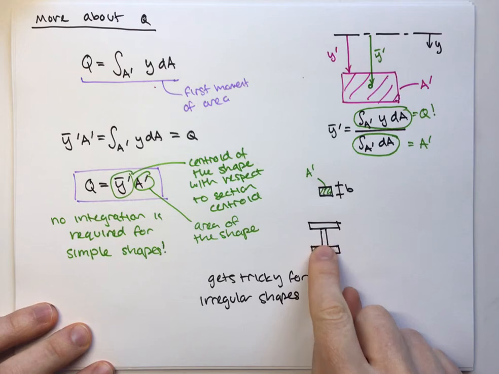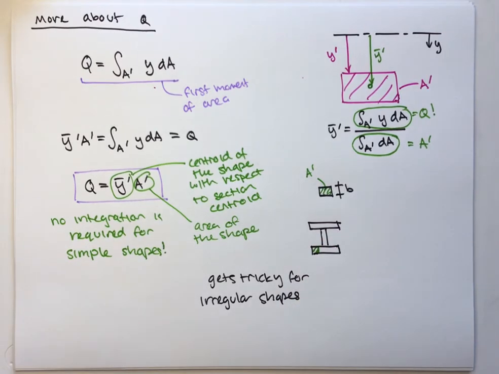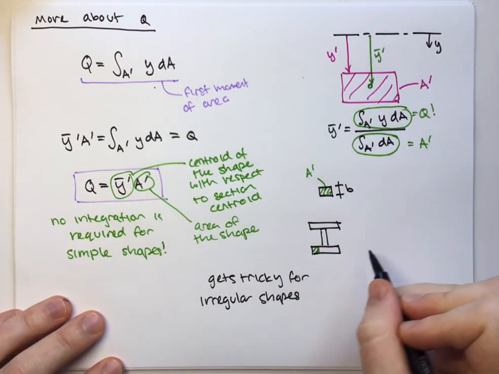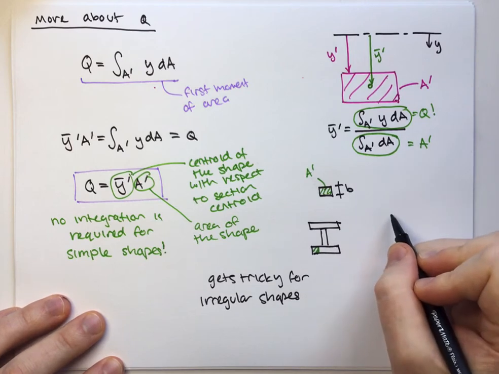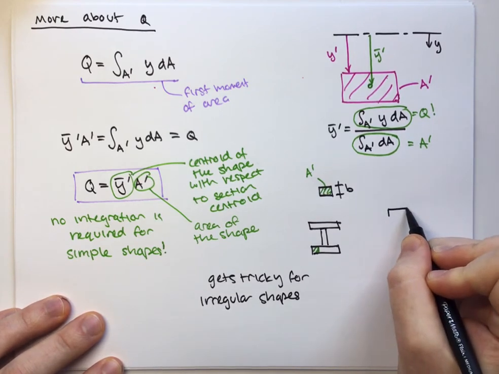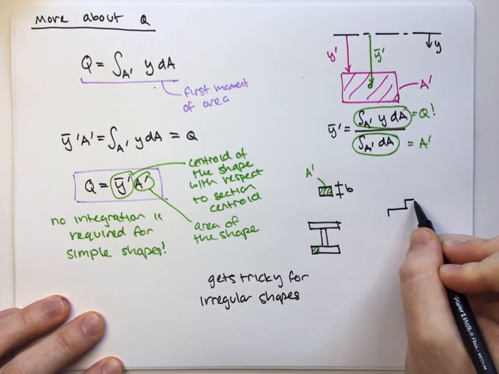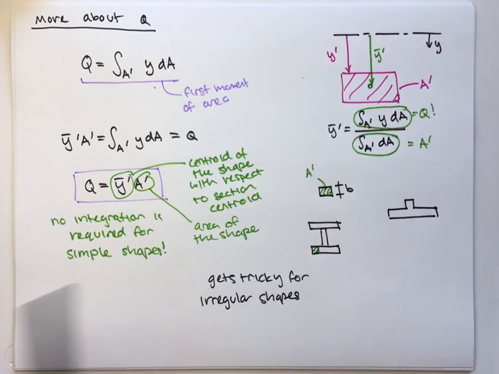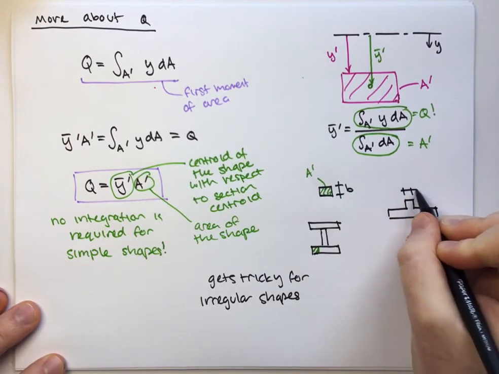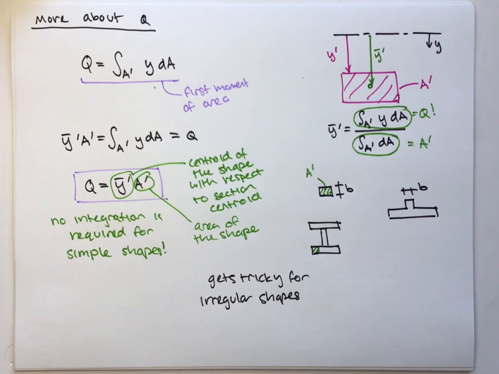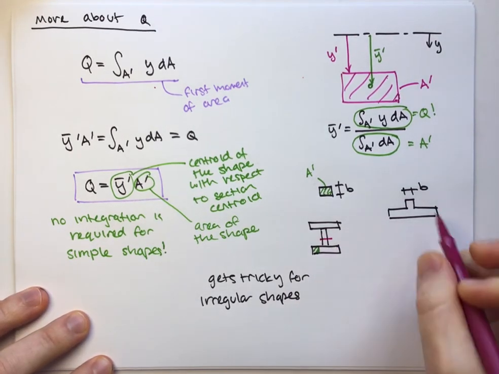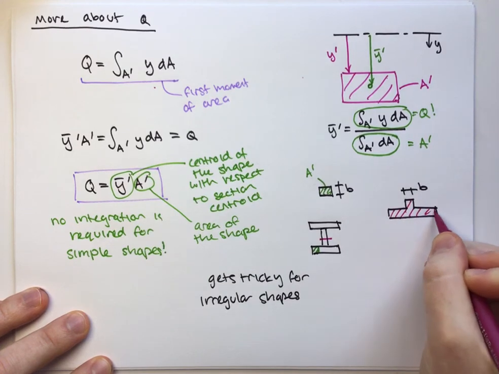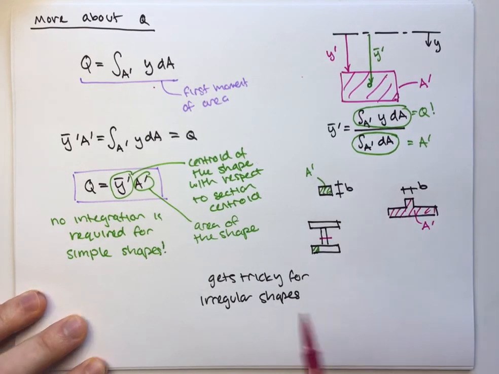Then if you wanted to figure out what Q was while you were in the web, then you would have to think about a picture that looks like this. And now B is going to be the thickness of the web. So that might be if you took a slice right here. So this now would be A prime.